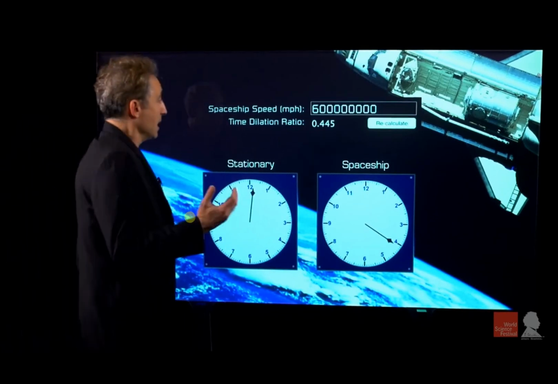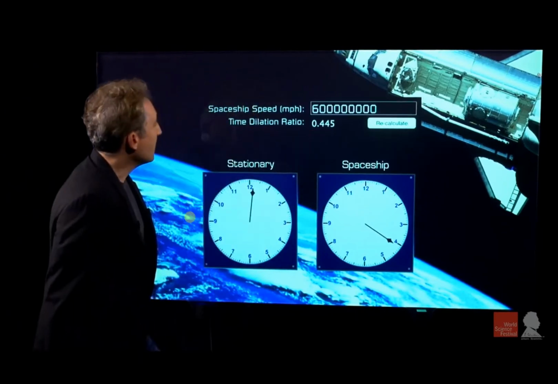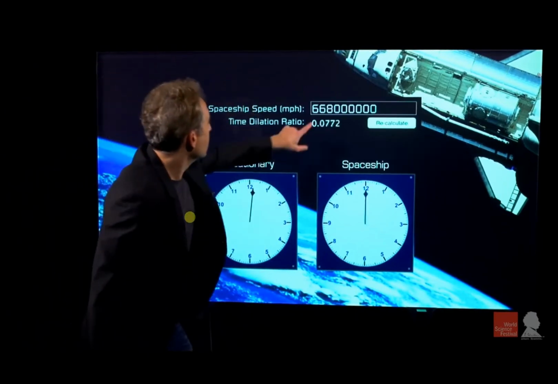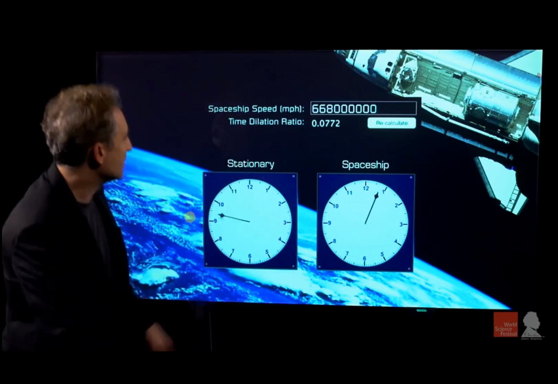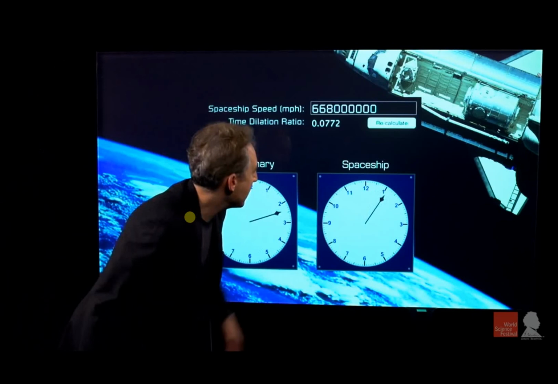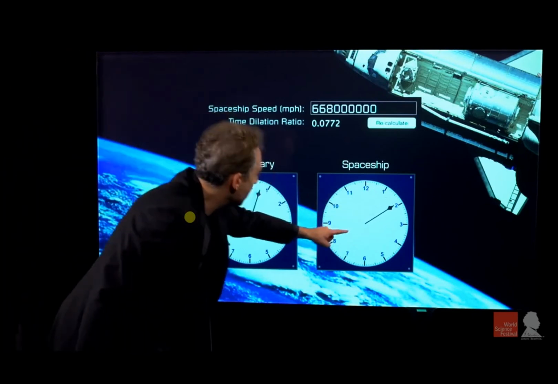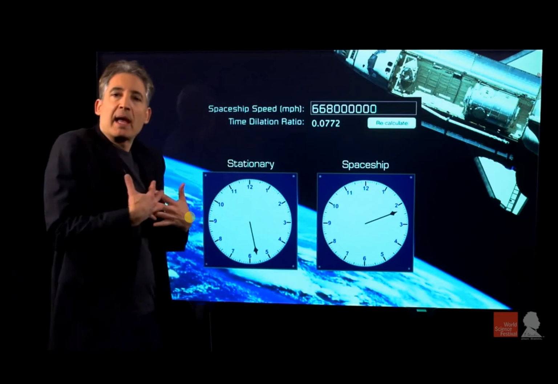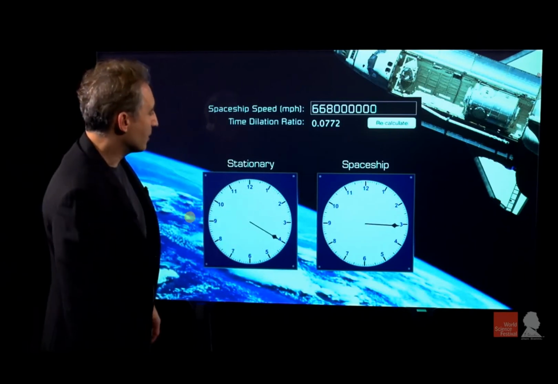And just to see it even more starkly, let's bring that speed of the ship even higher. Let's put it at 668 million miles an hour, just below the speed of light. And look at how time is elapsing on the spaceship clock. Very slow compared to the rate at which time elapses on our ordinary clocks here on Earth.